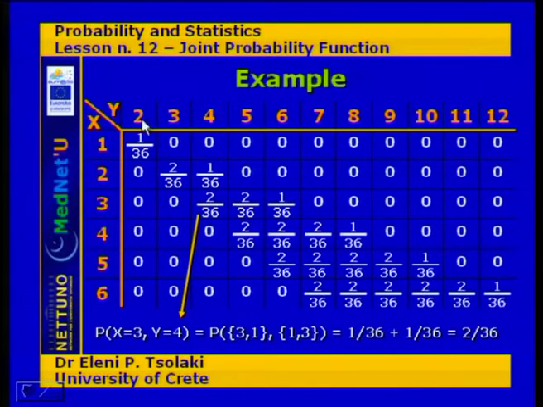In this way, we can fill in all this table. We know that it is reasonable to let Y go from 2 to 12, as it is the sum of the numbers observed on the dice. So we start by 2. The smallest number we can observe is 2, which is 1 and 1, and the largest is 6 plus 6, 12.